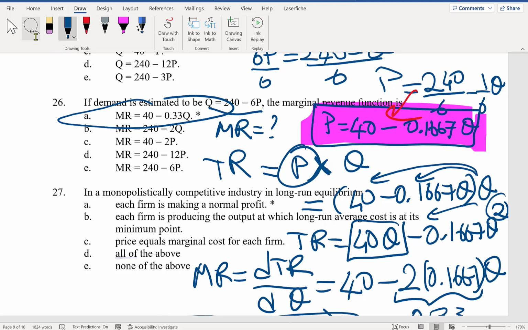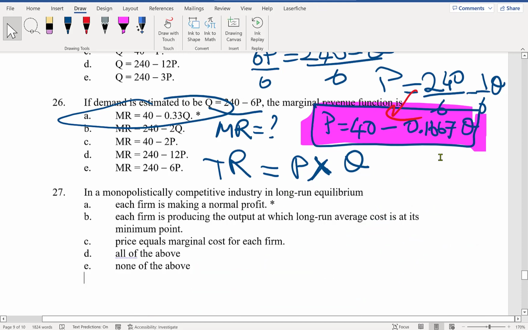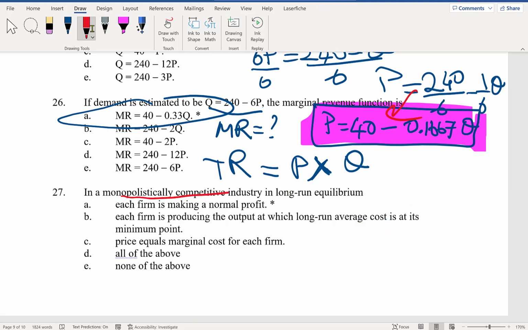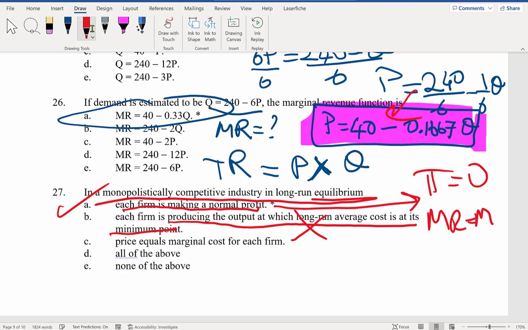Question 27. In a monopolistically competitive industry, in the long run equilibrium, each firm is making normal profit. Economic profit is 0, normal profit, that is correct. Each firm is producing the output at which long run average cost is at its minimum. No, you have only the marginal revenue equals marginal cost condition.